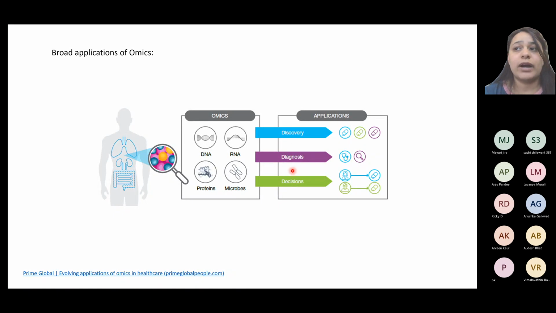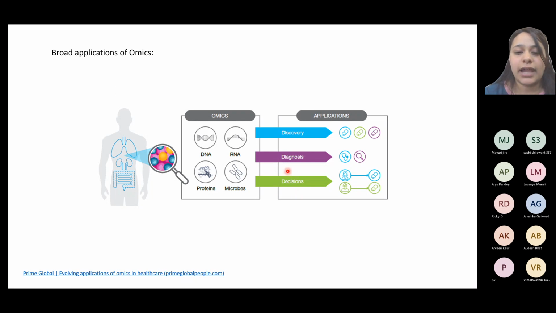Because if there is a much differential upregulation or differential downregulation in any of the genes, at the mRNA level or protein level, in one particular gene, then it might act as a diagnosis for a particular condition.